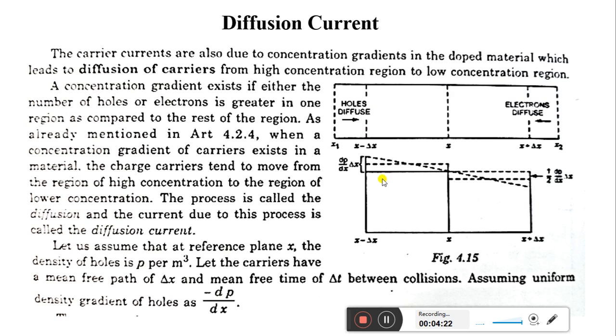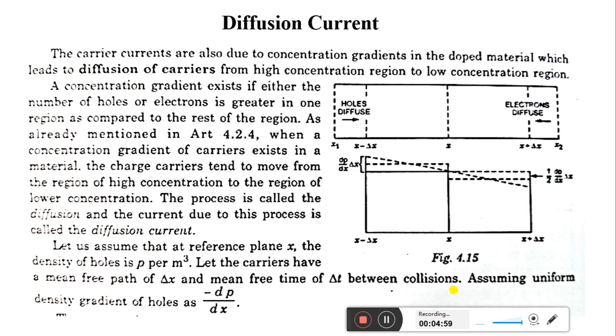First let us assume that we have a reference plane X. In this plane X, the density of holes is P per meter cube. And let the carriers have a mean free path delta x and mean free time delta t between collisions.